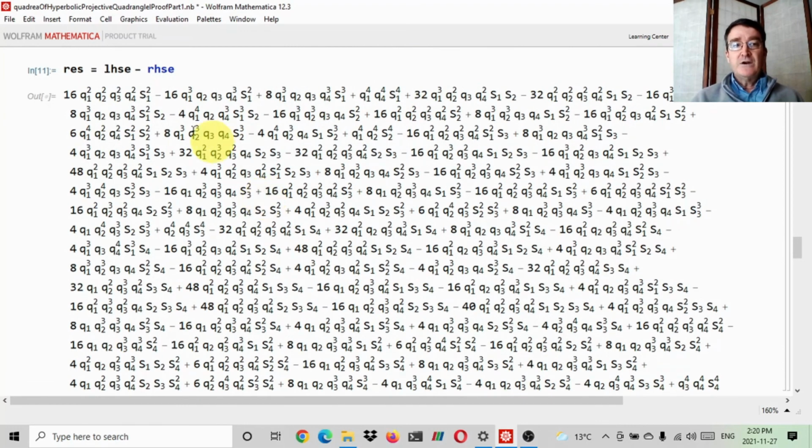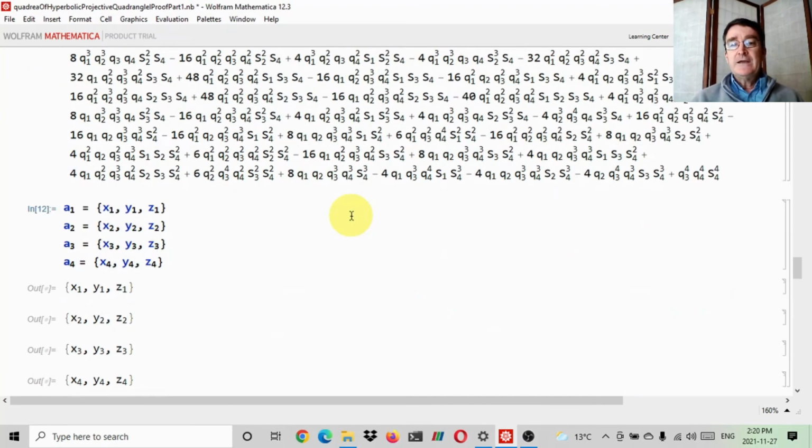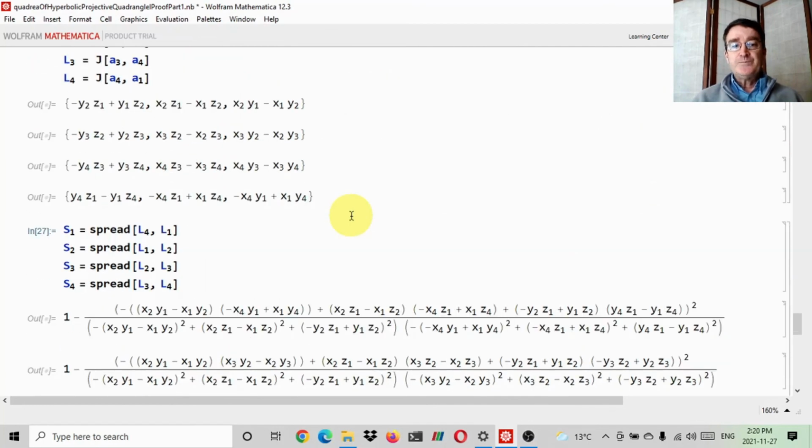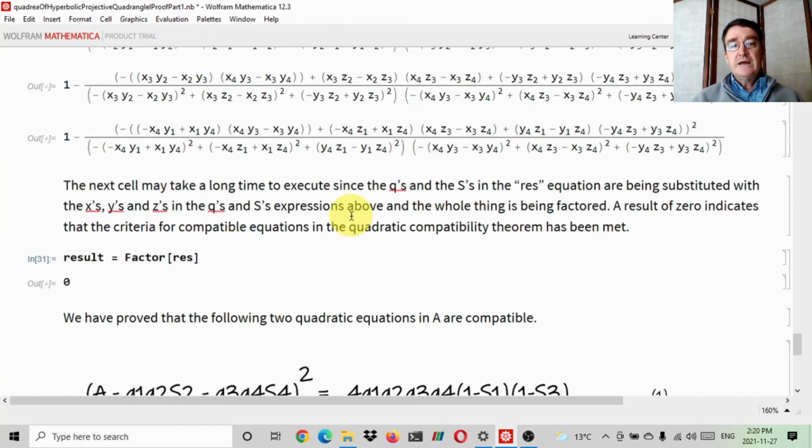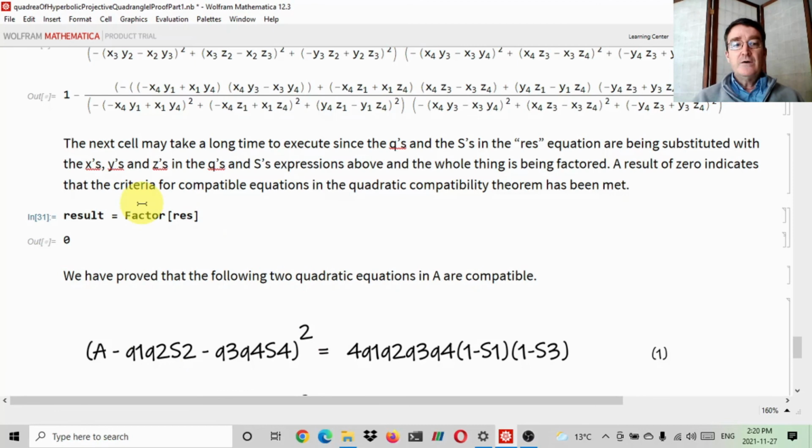So that'll be our result now in terms of x's, y's and z's, and we're going to factor all that. Factor is a Mathematica function we can call. When we do that factorization, it comes out as 0. So the left-hand side minus the right-hand side came out to precisely 0.